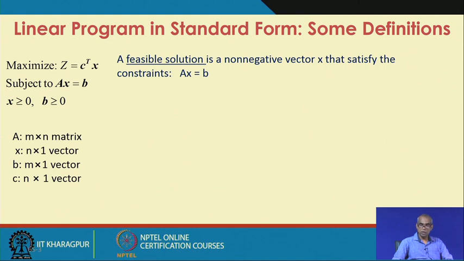So, these notations are related to the problem formulation maximize z equal to C transpose x subject to A x equal to b, x greater or equal to 0, b greater or equal to 0. A feasible solution is a non-negative vector x that satisfies the constraints A x equal to b.